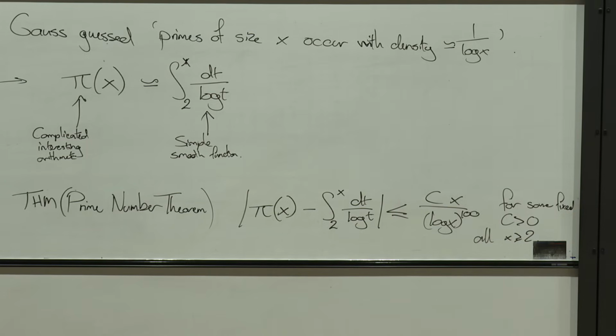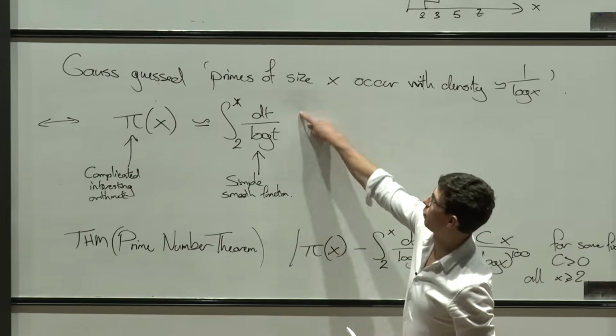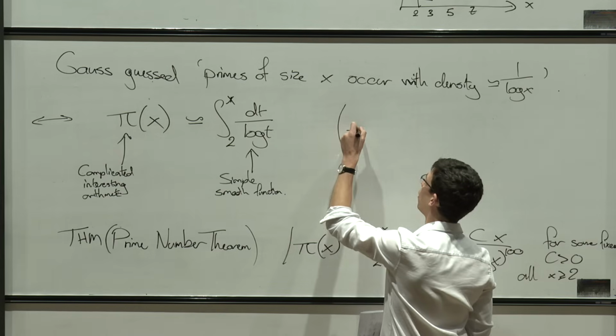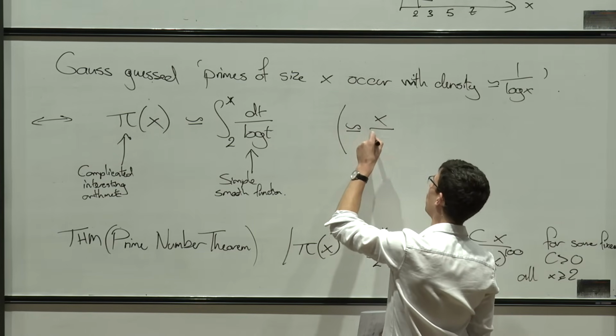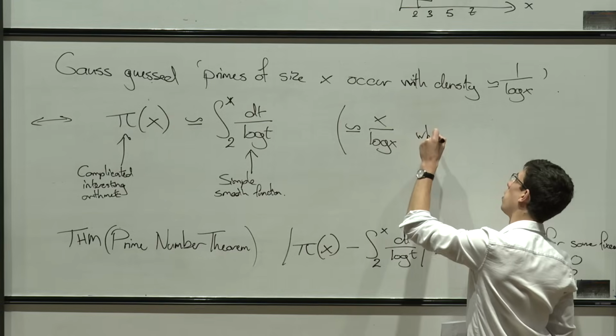and all values of x at least 2. So I guess maybe it's worth mentioning that this function that I'm saying we can understand everything we want to about, this is of size roughly x divided by log of x when x is large.